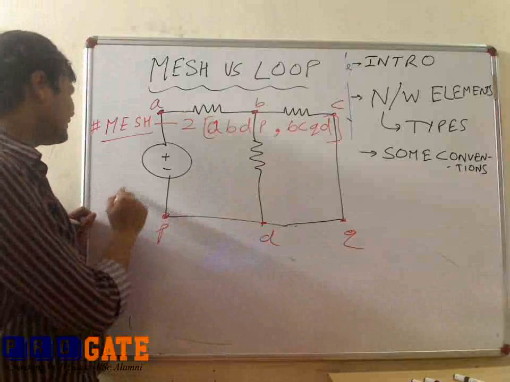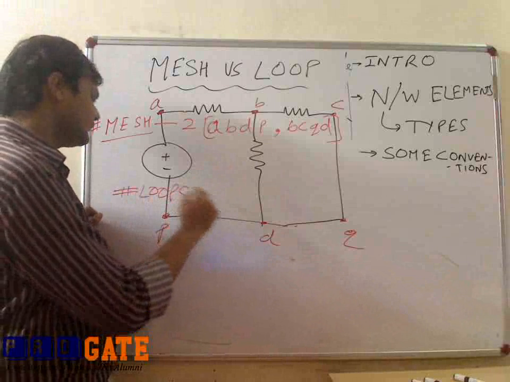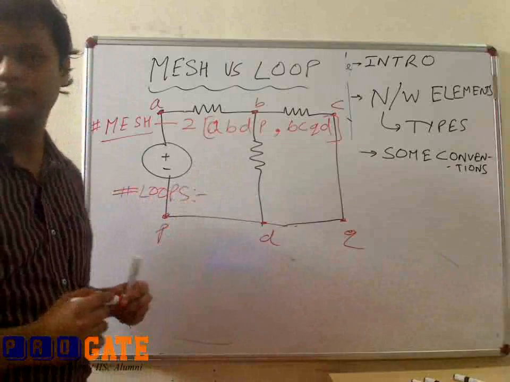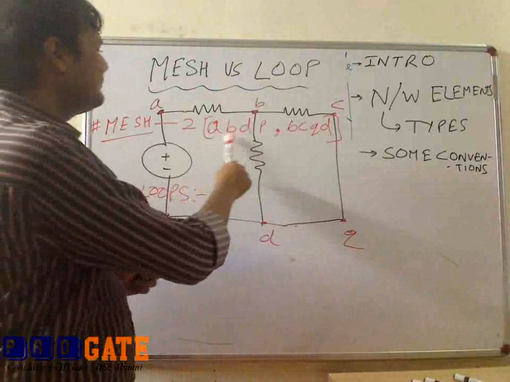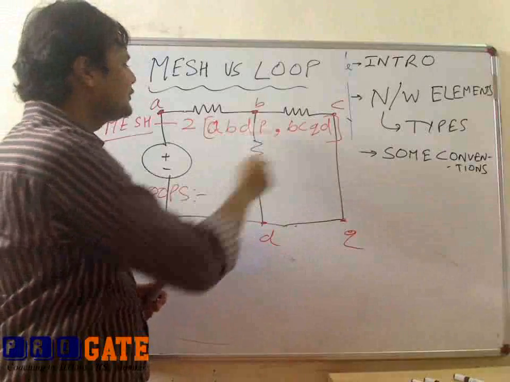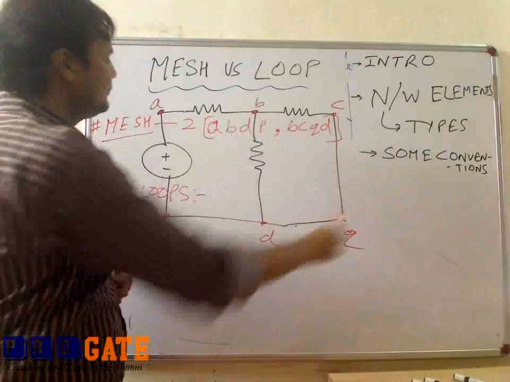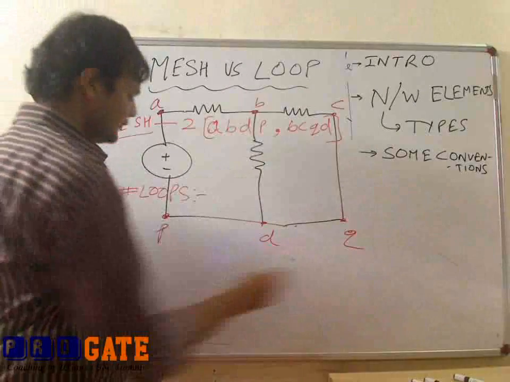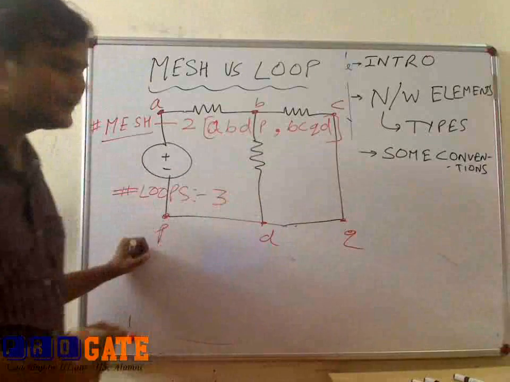And what are the loops in the network? How many loops are there in this network? Again, there are 2 loops, A, B, D, P and B, C, Q, D. These are the 2 loops also. And there is another loop, which is this bigger loop A, C, Q, and P. So the number of loops is 3 in this network.